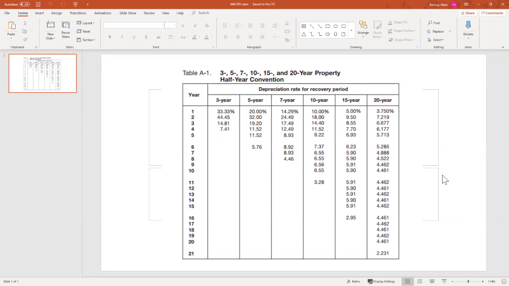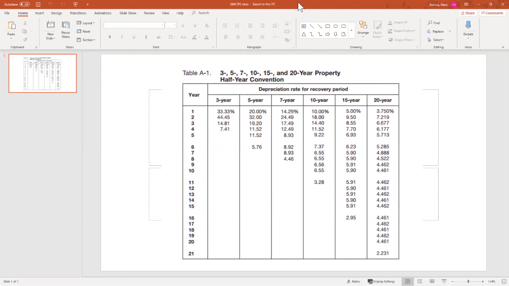And so there is no 4-year depreciation schedule from the IRS perspective. There's 3, 5, 7, 10, 15, 20, and there's some other longer ones. So our business would be using MACRS for tax purposes if it was a real business.